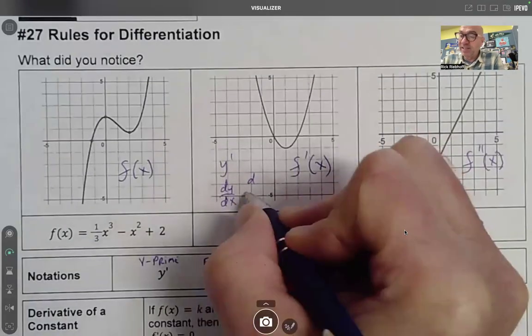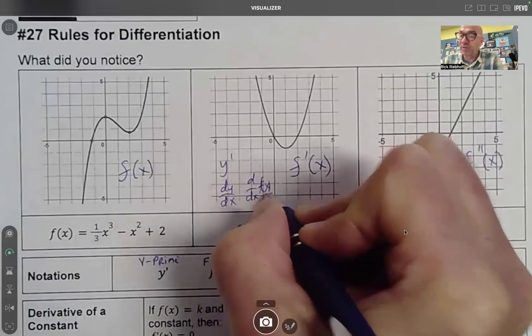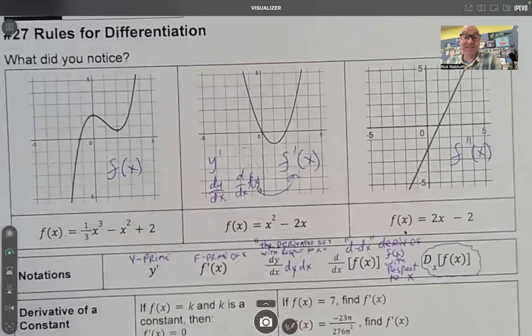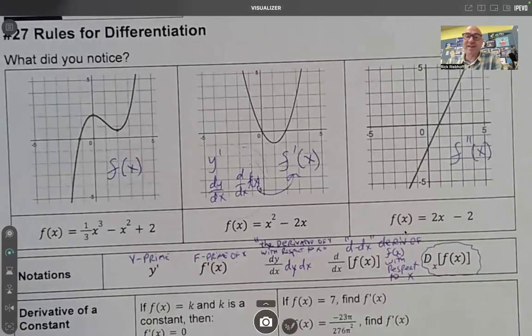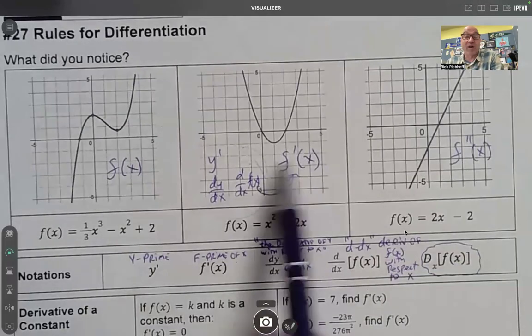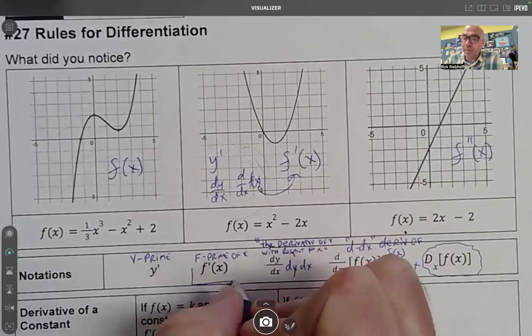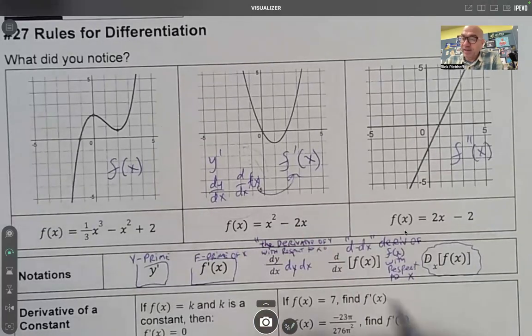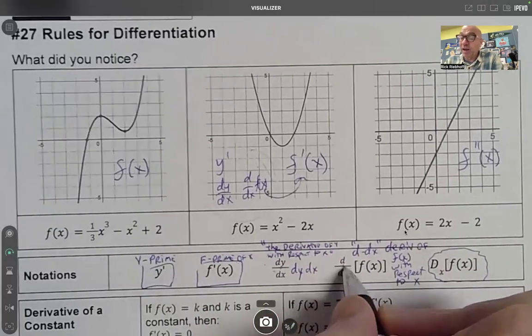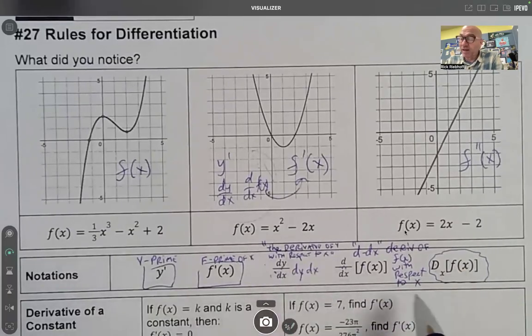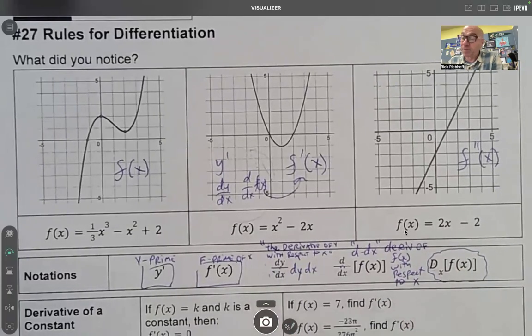This is d dx of f of x. So you could use all of these to mean this. It does get confusing when you first start and you don't know that these all kind of mean the same thing. So just throw those out there. The ones we're going to use the most probably are this and this. These two are pretty common as well as you get further into calculus, and pretty useful too.